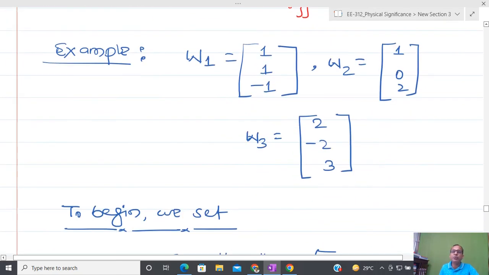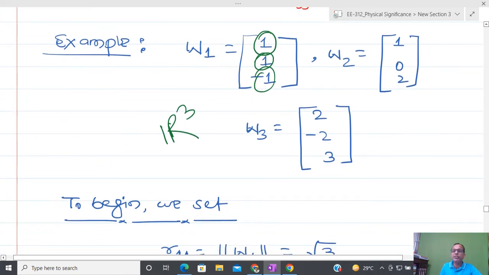Suppose I have the same three vectors again, and now I am going to construct an orthonormal basis directly. I am in a three-dimensional space, and each entry is just a column vector with real numbers, so this is nothing but a Euclidean space, and I can deal with the dot product.